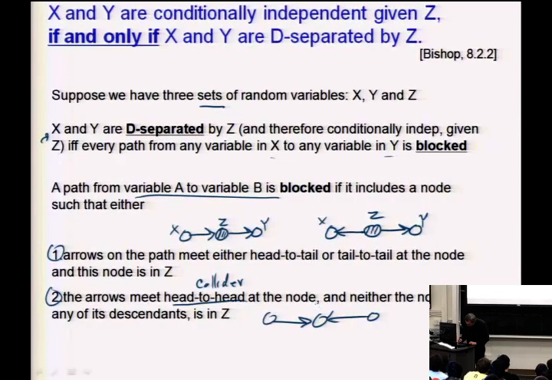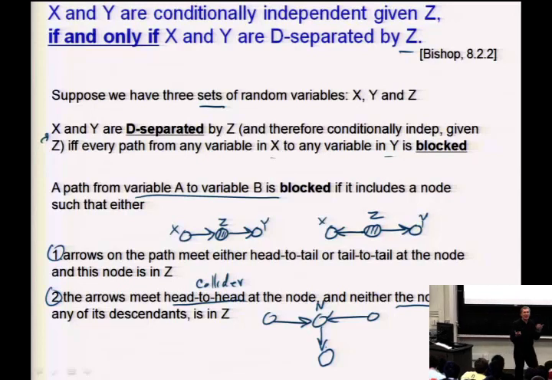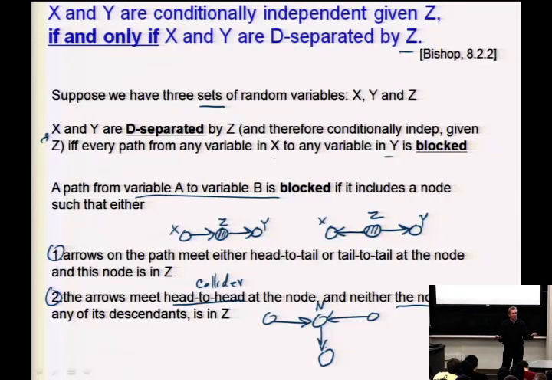if neither the node, let's call it, I'm going to call that node N, so neither the node N is in our set that we're conditioning on, nor is any of its descendants Z. Okay, so this comes back to what we just said, the explaining away, the marginal independence, right?